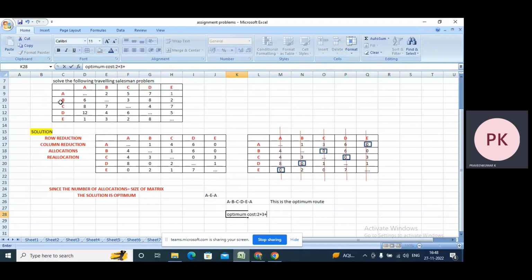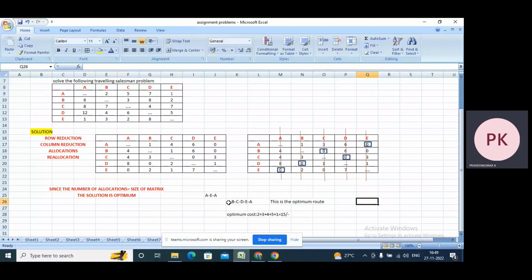C to D is rupees 4. D to E is rupees 5. And the last one, E to A, is rupees 1. So the optimum cost is 2 plus 3 plus 4 plus 5 plus 1, that is rupees 15.